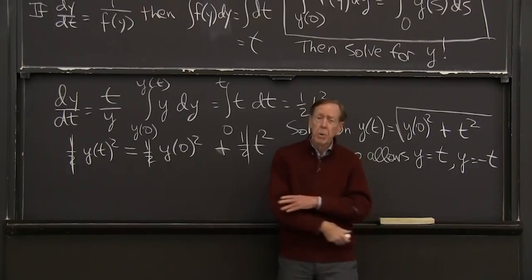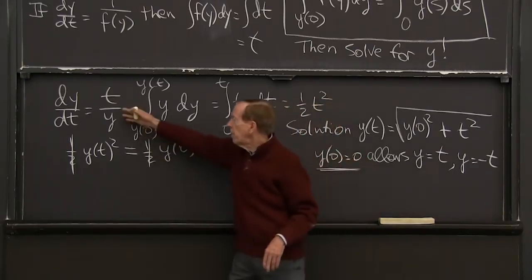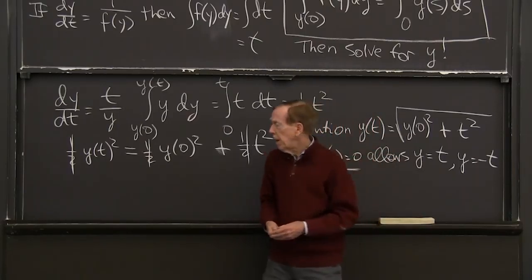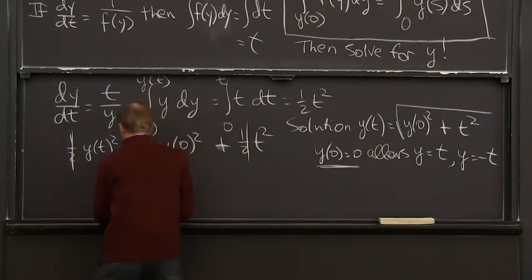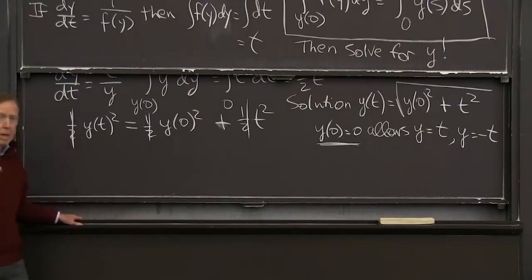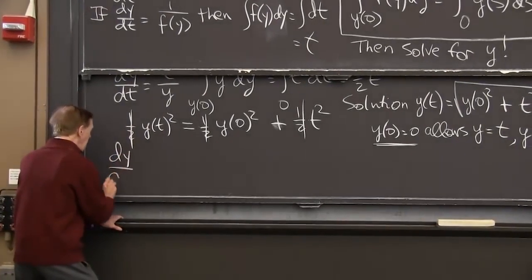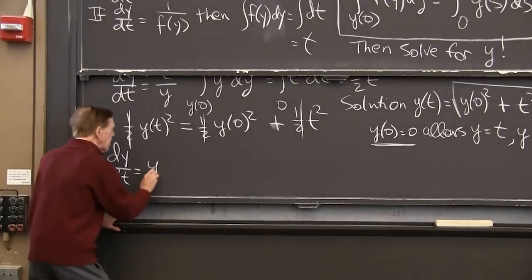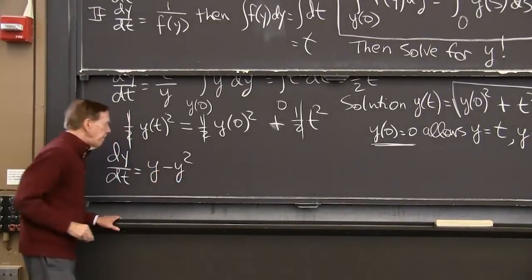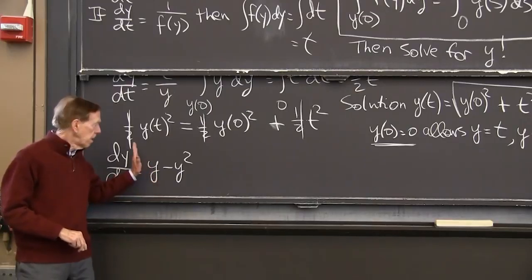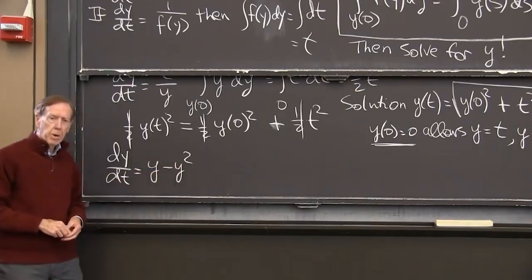Okay, I better do another example going beyond this, and maybe the logistic equation is a good one. So that's separable, and it's going to be a little harder. So let me do that one. dy/dt is y minus y squared, let's say. The logistic equation. Linear term minus a quadratic term.